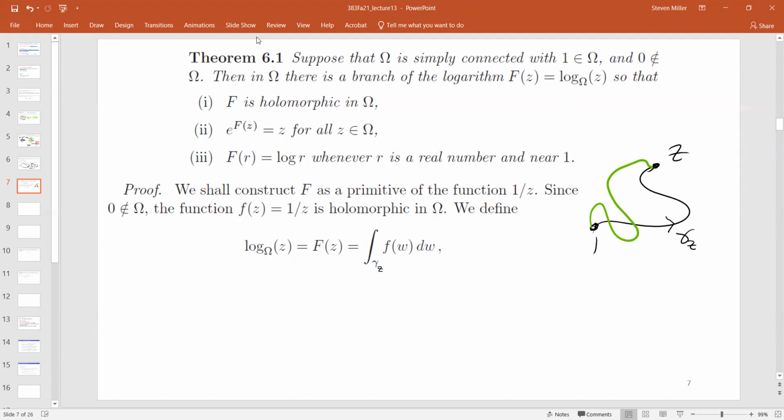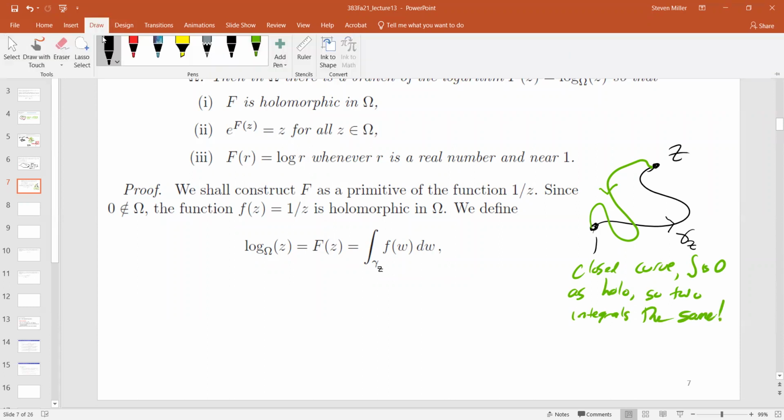Good, because if we take the second path backwards, so if we rewind, there would be a closed curve. Closed curve, integral is 0 as holomorphic. So the 2 integrals are the same. So this is why it doesn't matter what path we take.